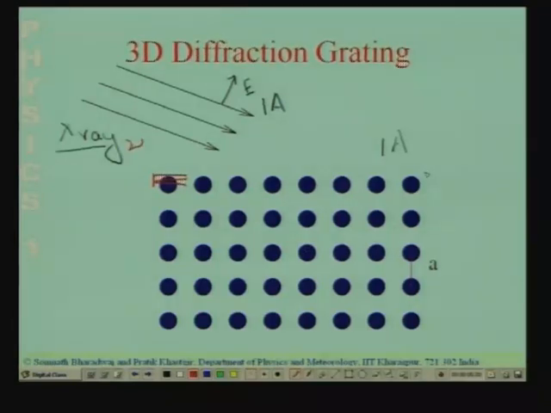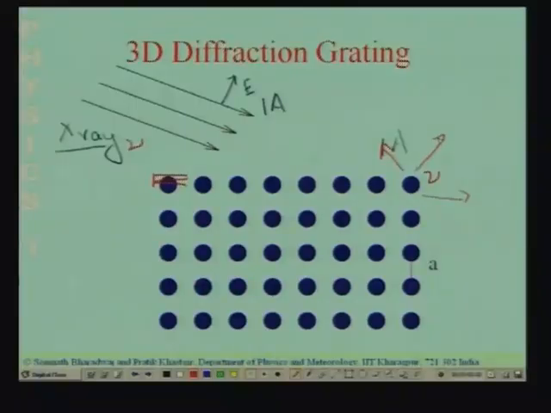The electrons inside are going to oscillate at the same frequency as the X-ray, and the oscillating electron, which is a dipole oscillation, is going to emit radiation in various directions, at the same frequency nu. We have discussed the direction dependence of the dipole radiation.